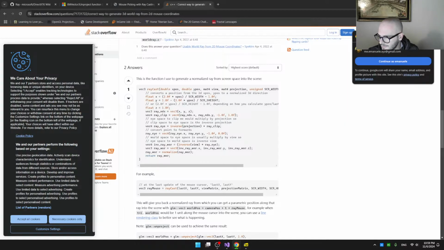So the idea is that we start from screen space coordinates plus a depth value. We convert to normalized device coordinates, meaning we convert the screen space x and y, keeping the depth.